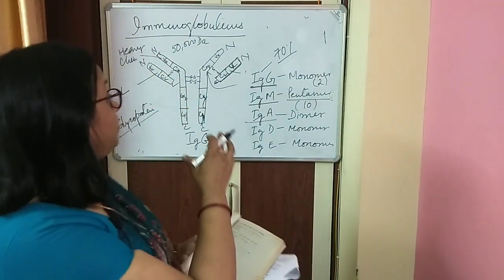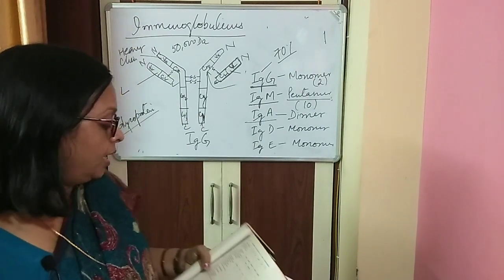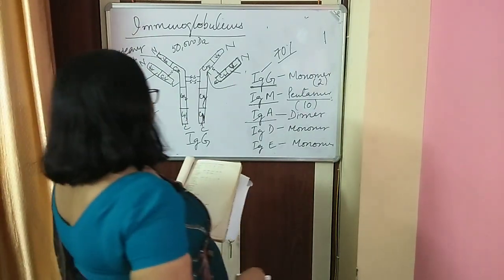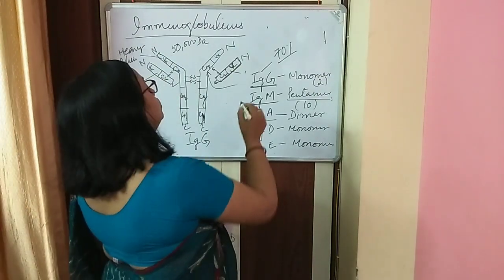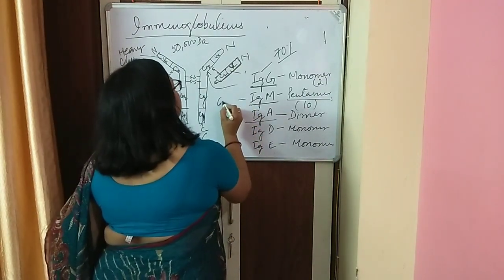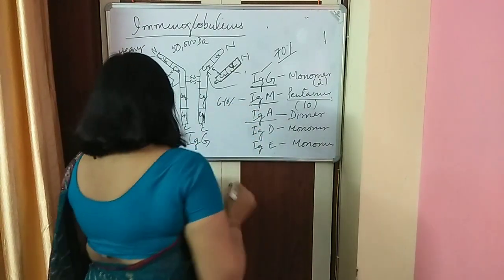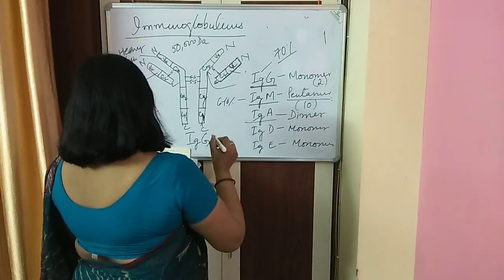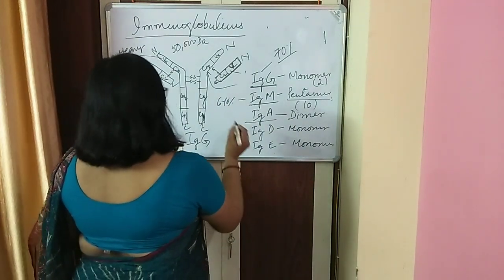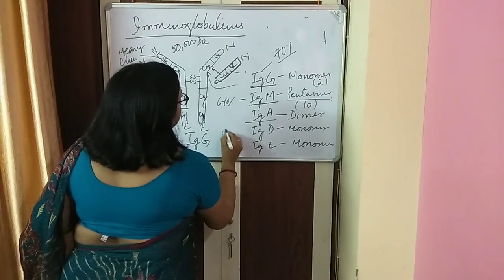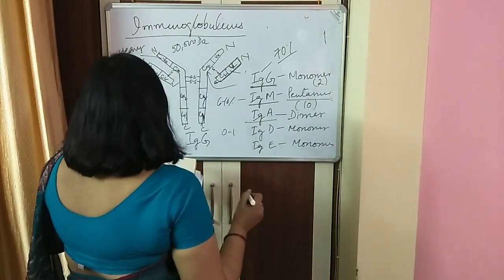Another very important thing to know is the amount, the percentage. So 70 to 80% is IgG, and IgM is 6 to 10% in the blood as compared to others, and IgD is very less, 0 to 1%.